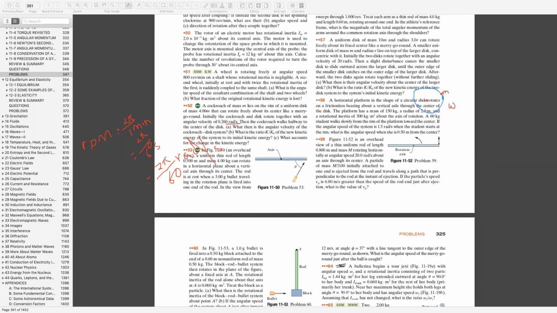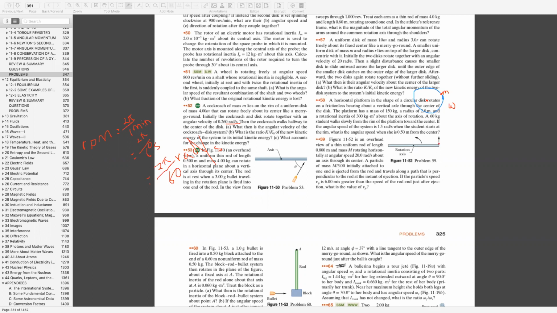Once we figure that out, the momentum we've created is going to equal the new state with a different rotational inertia. So the initial inertia times angular velocity divided by the new rotational inertia is going to give us our new angular velocity.